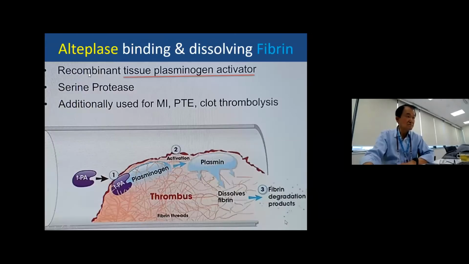The drug alteplase is a recombinant human tissue plasminogen activator. That's a sort of serine protease. Protease is one of the major enzymes or genes for the mechanism of metastasis.